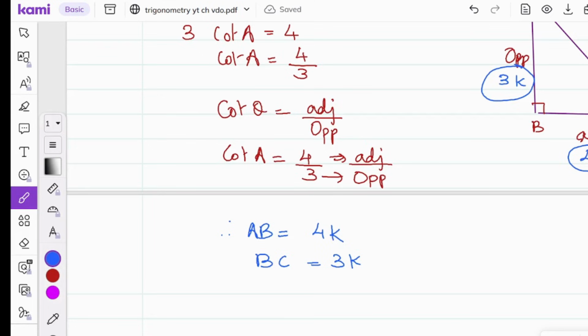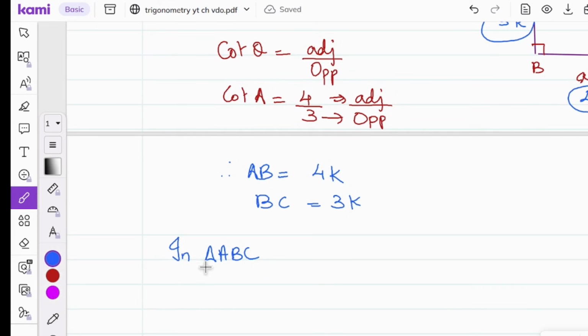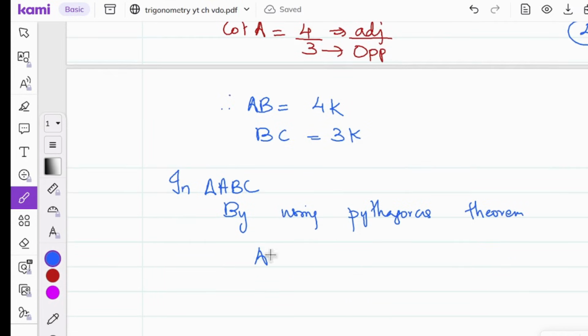Now in triangle ABC, if I'm using Pythagoras theorem, how can I write this one? By using Pythagoras theorem, I can write AC square equal to AB square plus BC square. I don't know what AC square is. AB square is equal to how much?